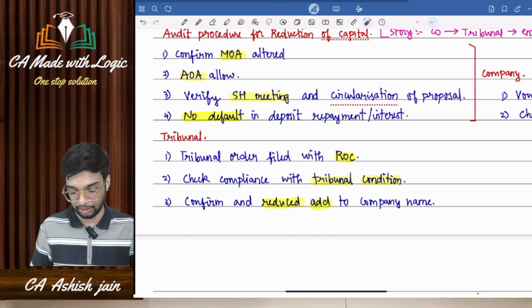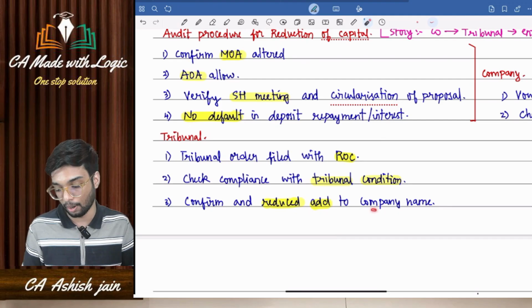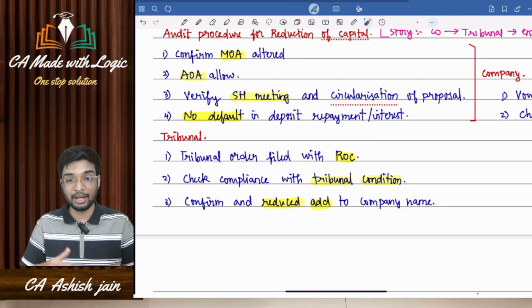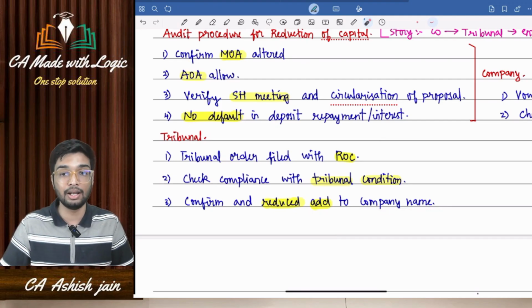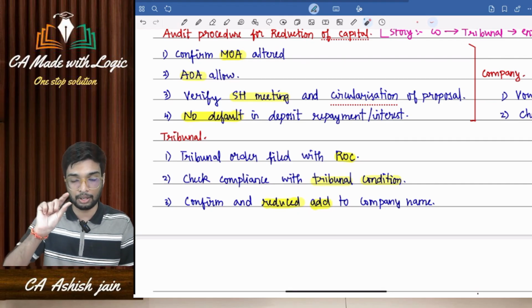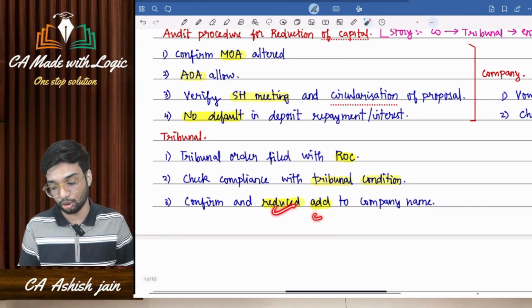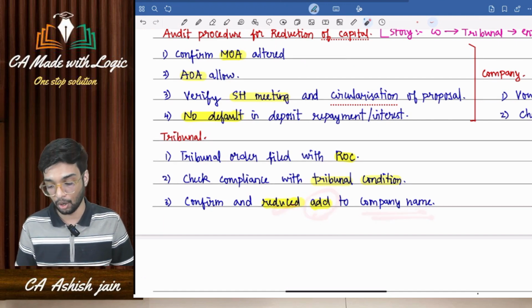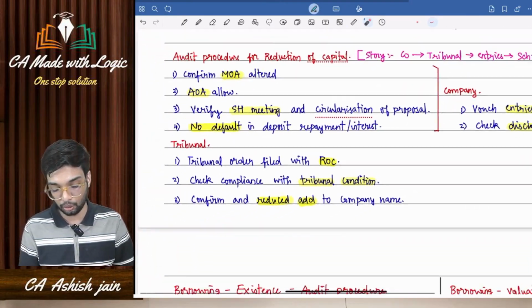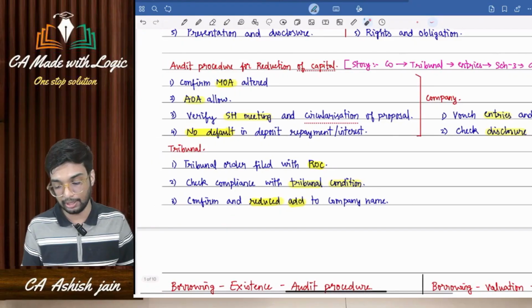Then confirm that "Reduced" is added to the company name. Whenever a company reduces its capital, they write "Reduced" after the company's name. So this is the tribunal related point: company related 4 points, and tribunal related 3 points.